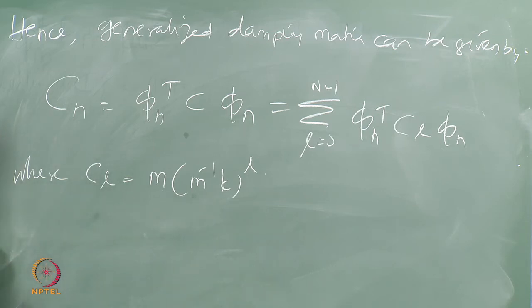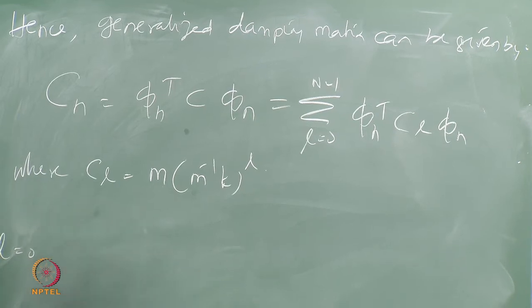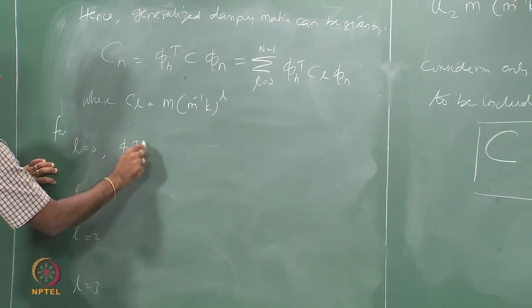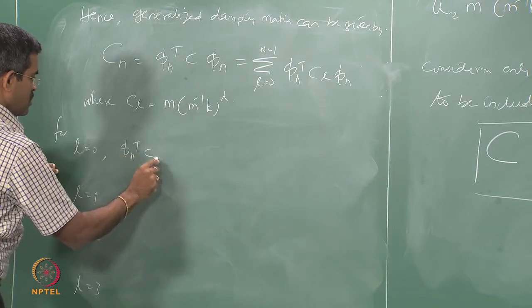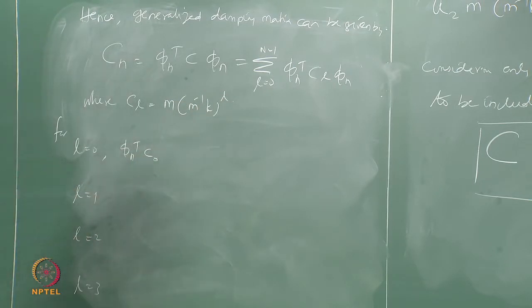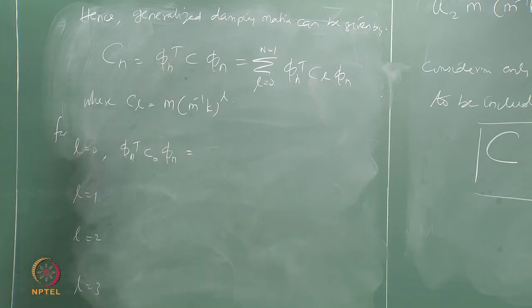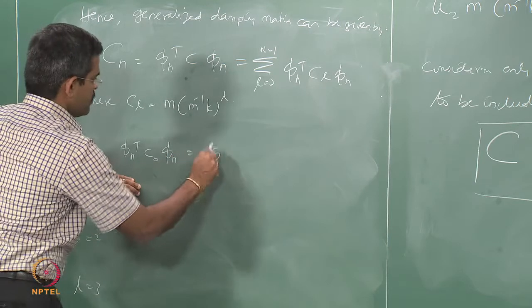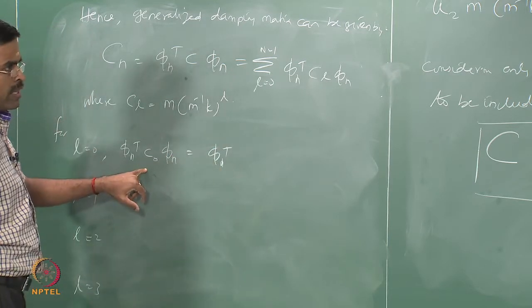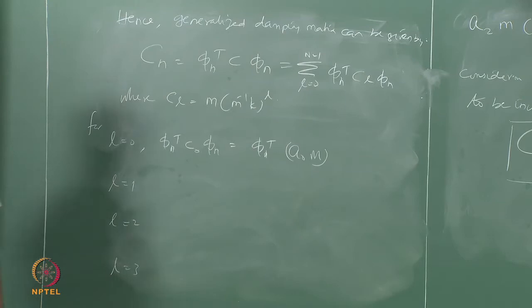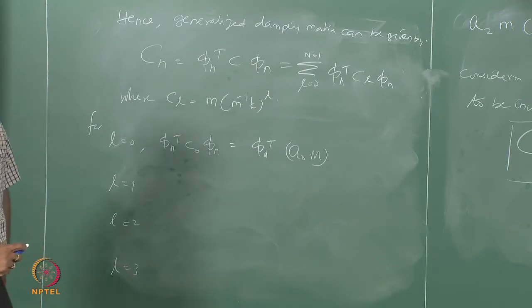So, for L equals 0, L equals 1, L equals 2, L equals 3, phi n transpose C_L, that is C naught, phi n, which can be simply phi n transpose C0 phi n for L is equal to 0, we know it is A0 m, we just now calculated A0 m of phi n.